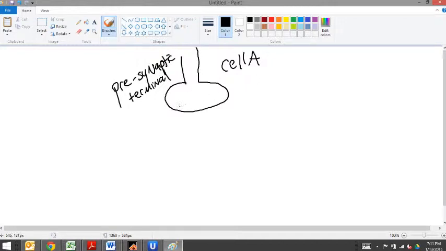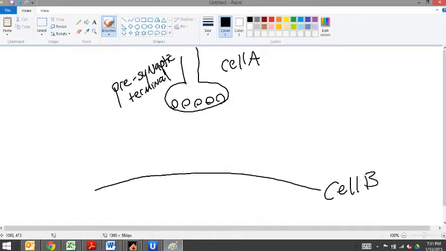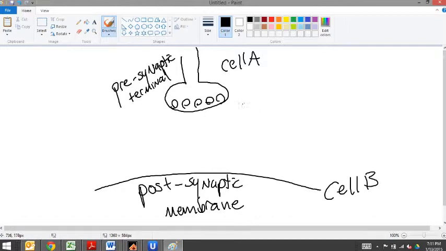And so what you would have is all these vesicles here, on the presynaptic terminal. And here, as you correctly described it, would be cell B with the postsynaptic membrane. And then this area here is the synaptic cleft.